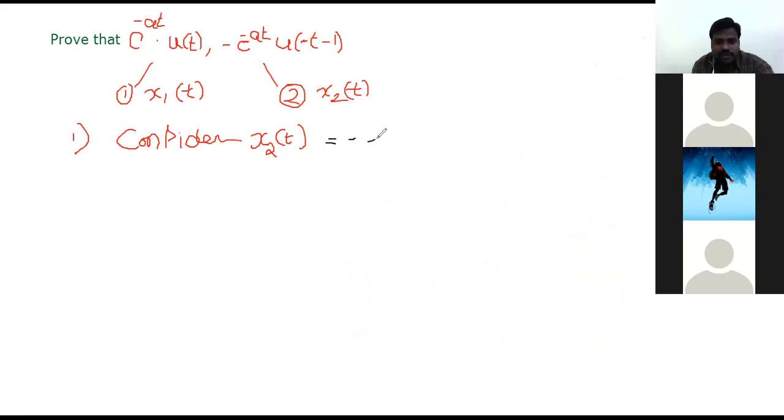It is minus e power minus at into u of minus t minus 1. So what is the first step? You need to define the Laplace transform, where x2 of t and x2 of s.